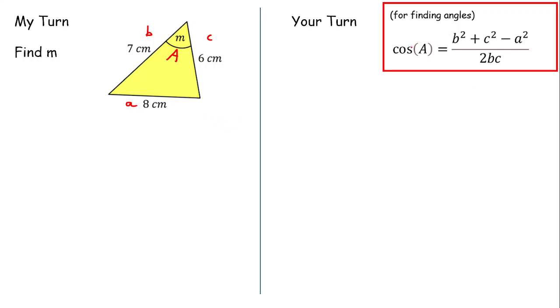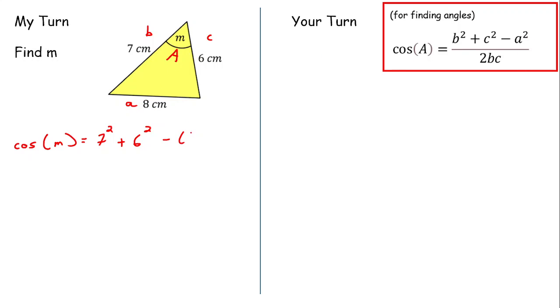So using our formula now, it's just a case of substitution and then going from there really. So we've got cos of the angle A, where A is equal to M. That's what we're trying to find. Cos of the angle M is equal to b squared plus c squared, where b and c are 7 and 6. So 7 squared, add 6 squared, minus a squared, where a is equal to 8.